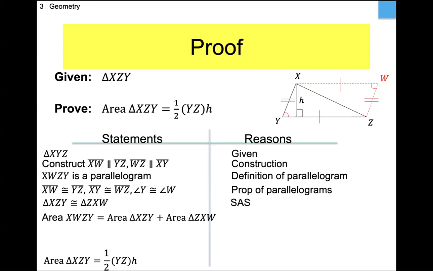So that means the entire area of the parallelogram is equal to the area of those two triangles. Kind of see where I'm going with this. That's postulate 19. And since the two triangles are congruent from the previous statement, then 2 times the area of any one of those triangles will be equal to the area of that parallelogram.